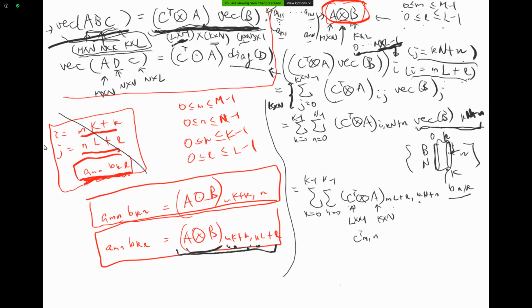So I should have m and n here, so therefore I should have mk here. I see C transpose mk here, and also A with the latter part with index k and l, so it's l and n, right?